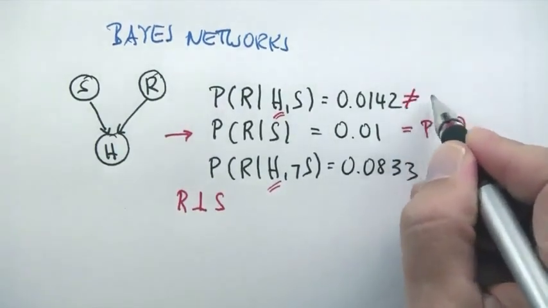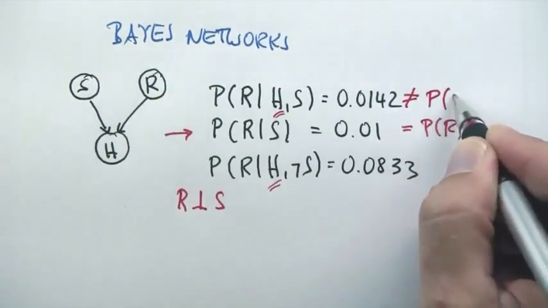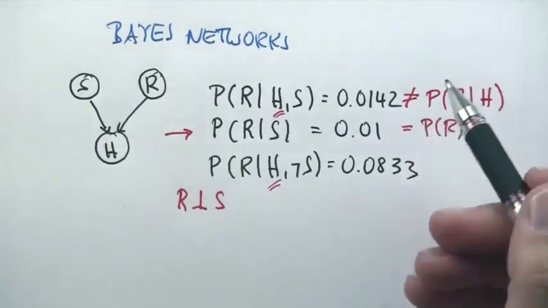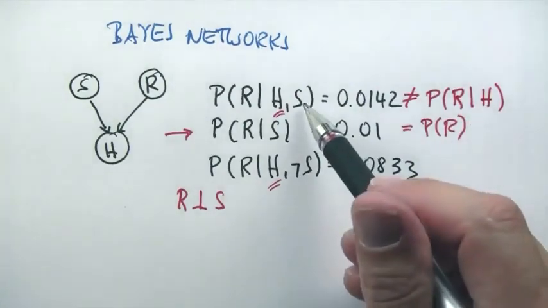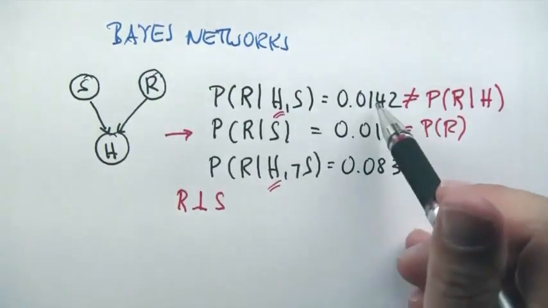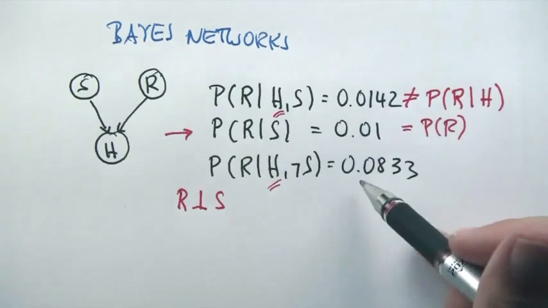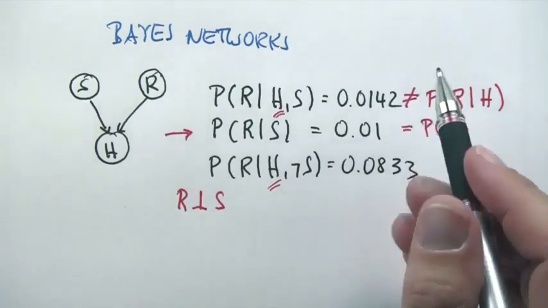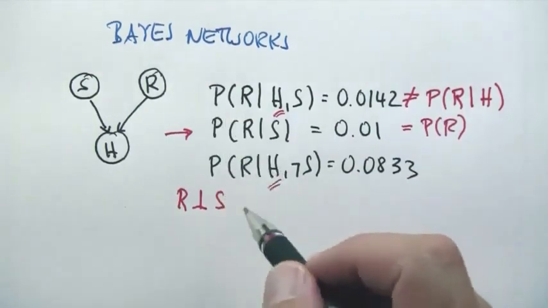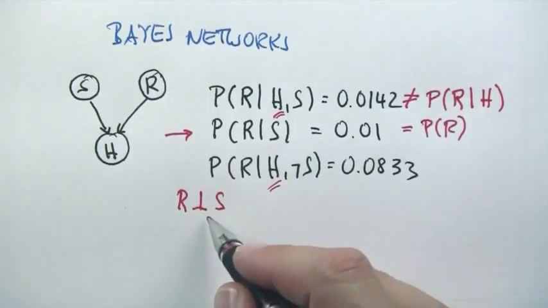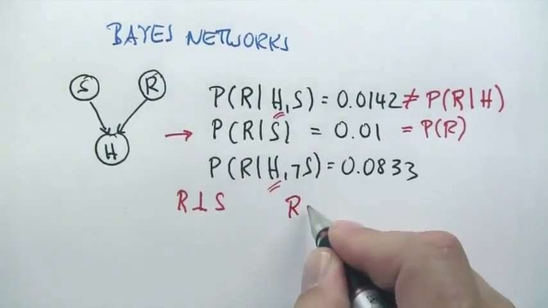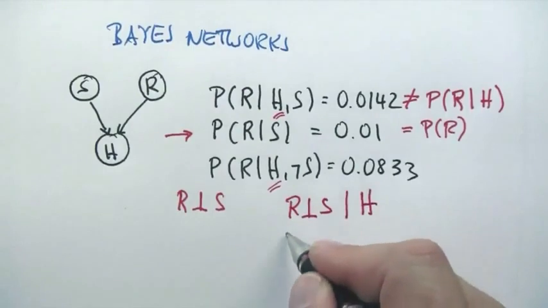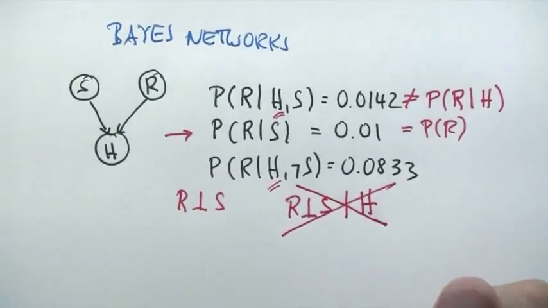This is not the same as the probability of just R given H. Obviously it isn't, because if I now vary S from S to not S, it affects my probability for the variable R. That is a really unusual situation where R and S are independent, but given the variable H, R and S are not independent anymore.